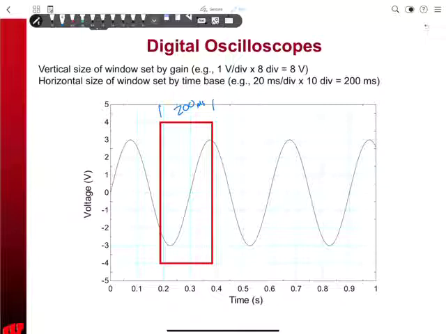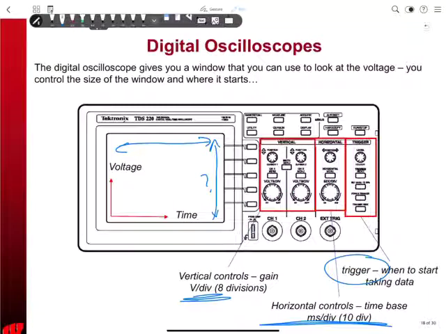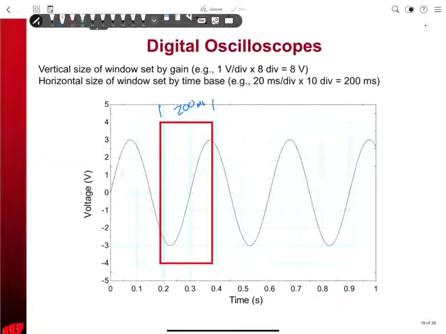And there's 10 divisions. So I would want to expand this to 20 milliseconds per division, right? That way, if each of those 10 divisions on the display is 20 milliseconds, then I get a total of 200 milliseconds, which means I can get this whole interesting part of my signal.